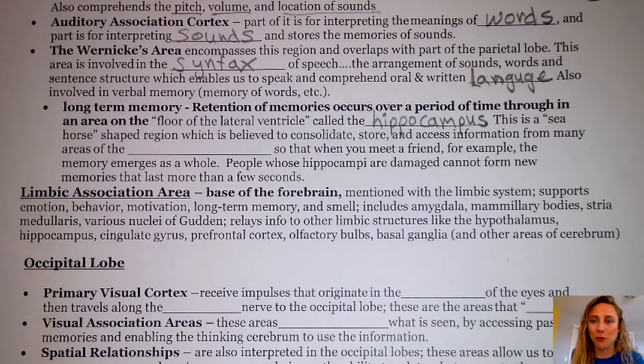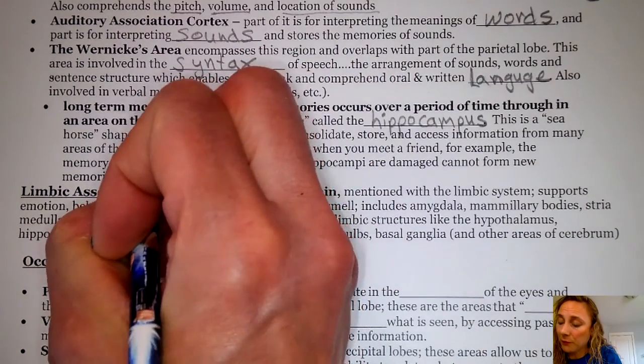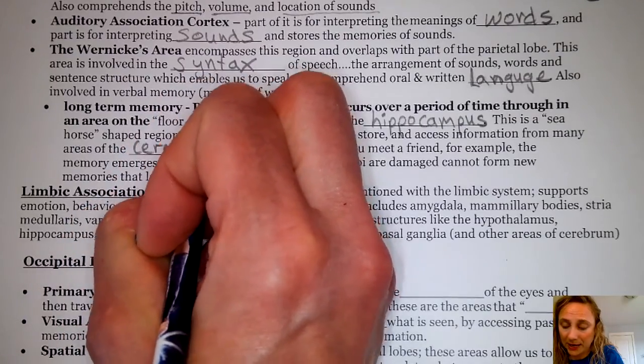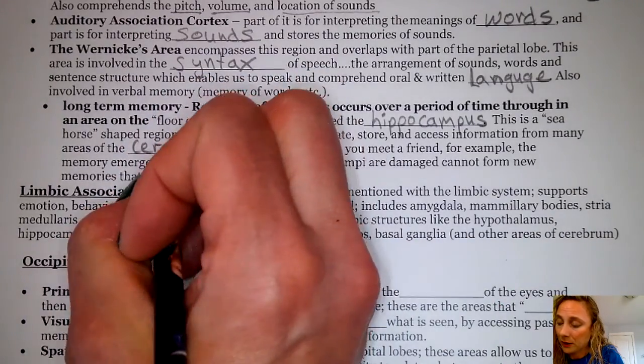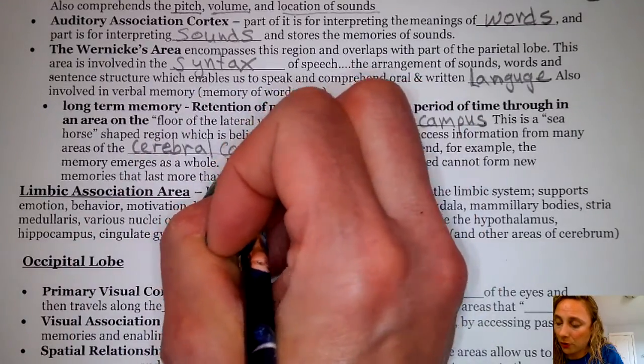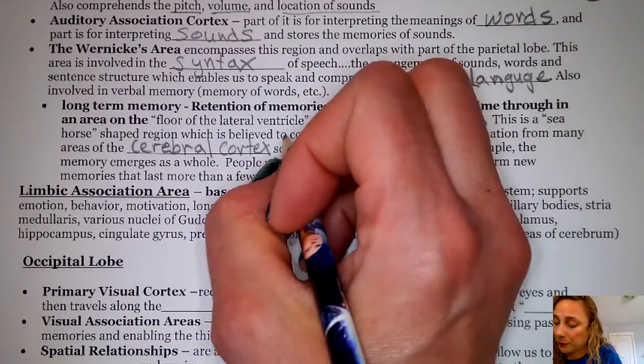Fun. It's believed to consolidate, store, and access information from many areas of the cerebral cortex. So it's like a gateway for memories and consolidation, taking that reinforcement and maybe making it go long term and keep those memories.